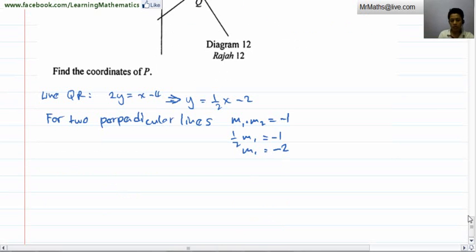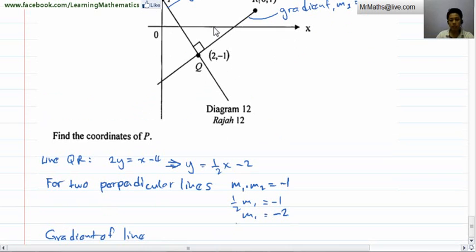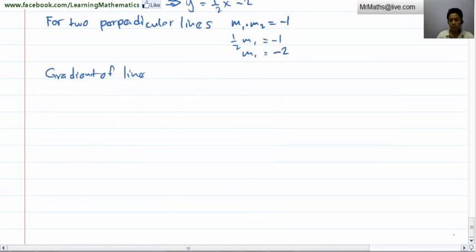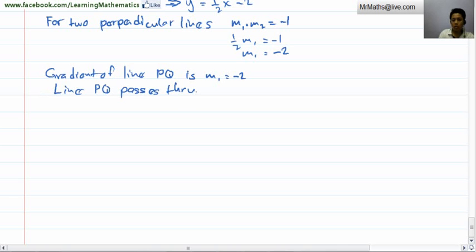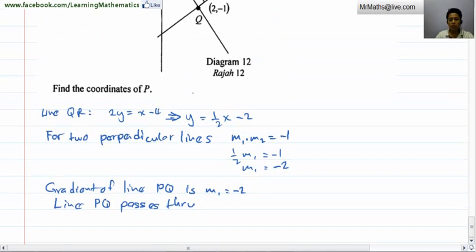So we can say the gradient of line PQ is M1, equal to -2, and line PQ passes through, what coordinate was that? 2, -1.